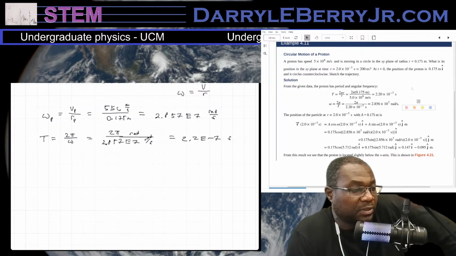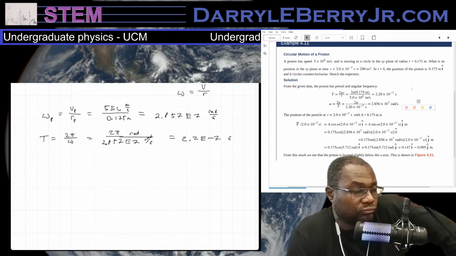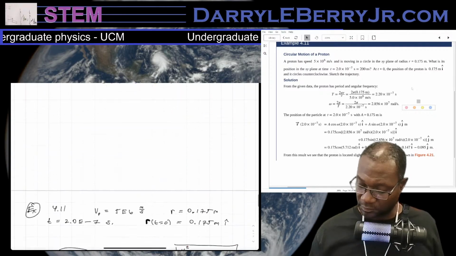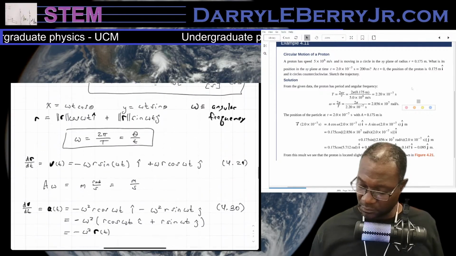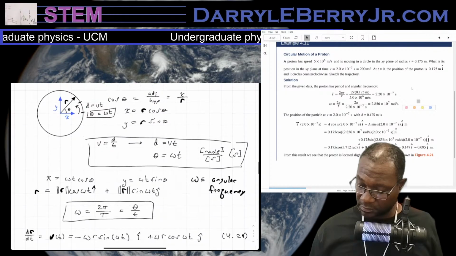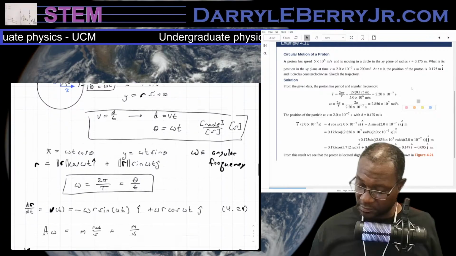Take cosine, put that in. Interesting. So this equation that we derived earlier is useful again.